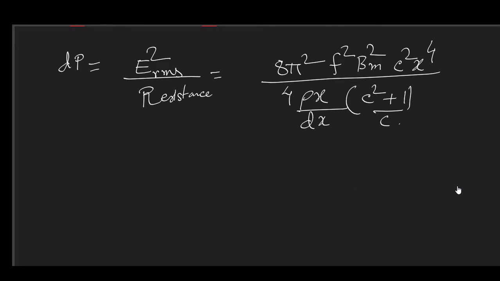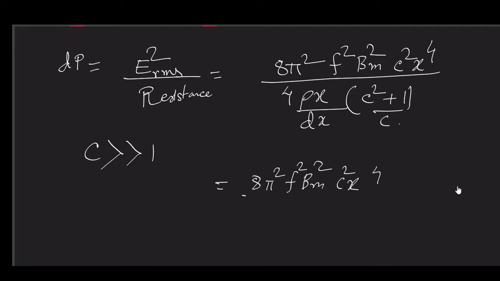Now, based on our assumption that C is greater than 1, this can be approximated as 8 pi square f square bm square c square x4 divided by 4 rho x by dx.